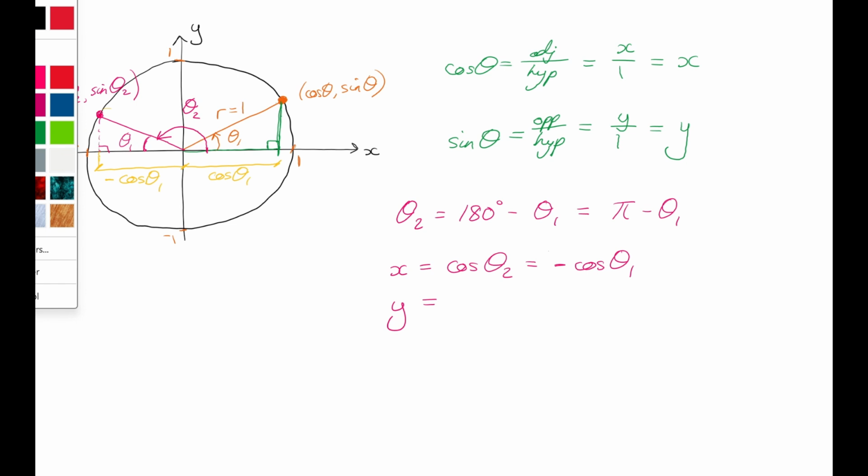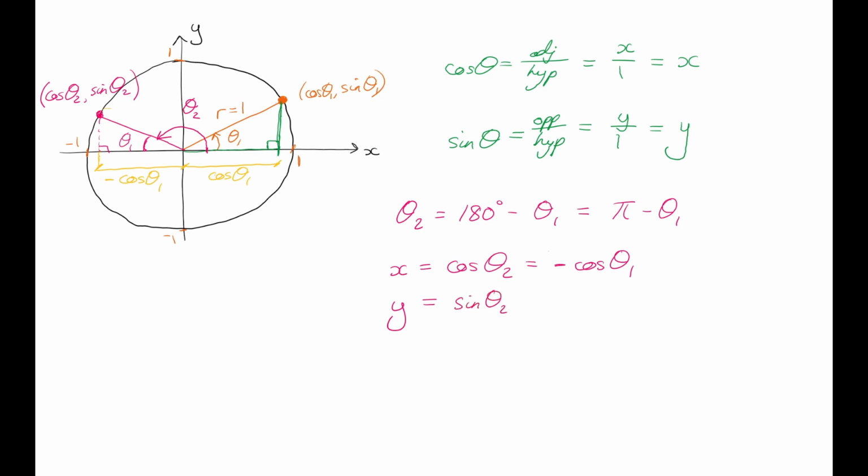Let's just make it super clear. Over here, theta 1, theta 1. Okay, so my y coordinate, I can see that the sine of theta 2 is equal to the sine of theta 1. I can use this fact that I stated earlier to determine a relationship between different angles and their cosines.